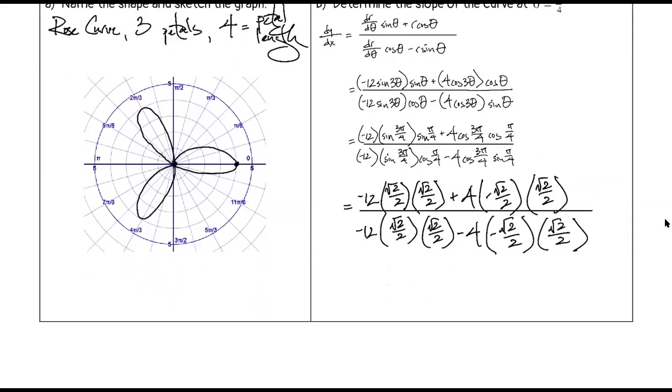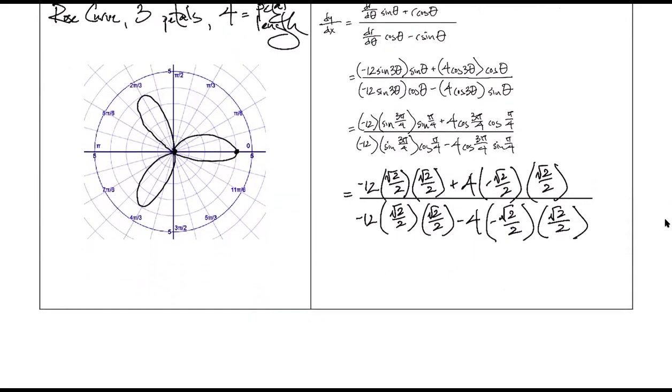And now from here, it is a lot of simplifying, and all of this is stuff that you should be able to do without a calculator, okay? So simplifying from here without a calculator is definitely an important skill. I like to reduce fractions first before I multiply anything out. It just keeps the numbers a little bit smaller.